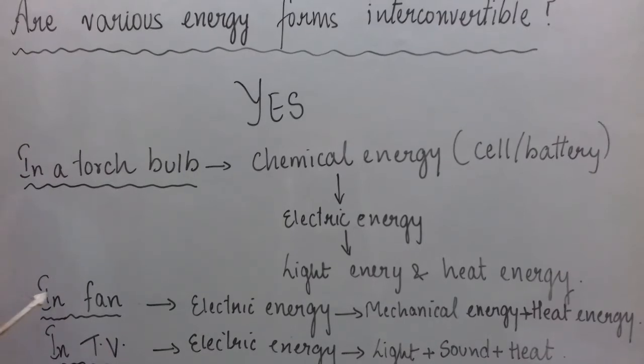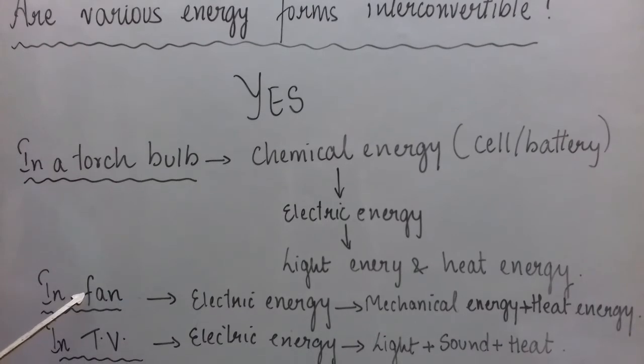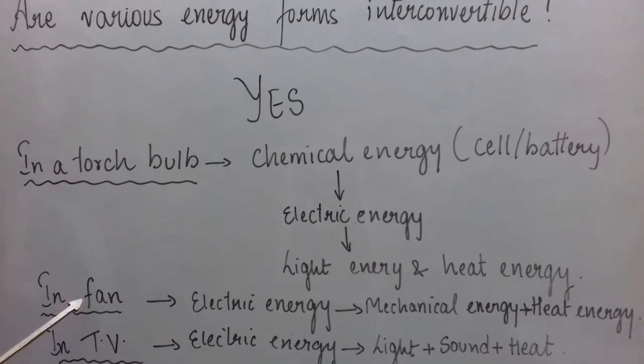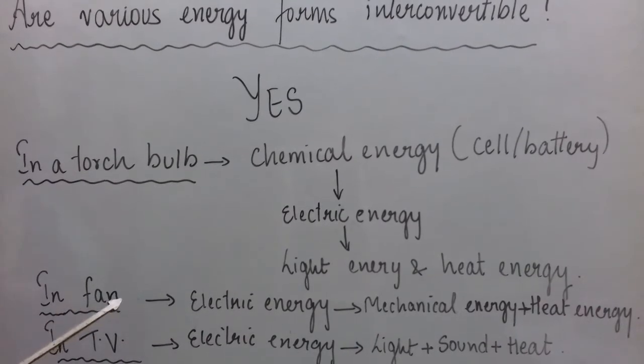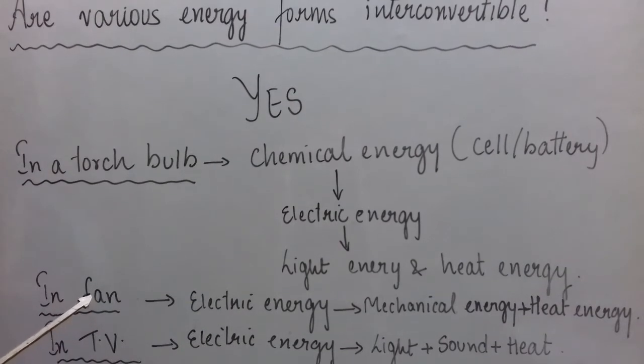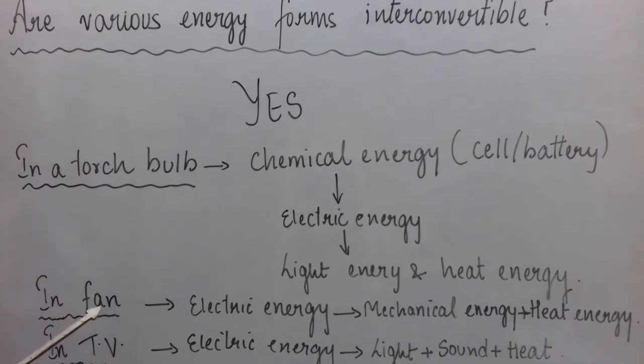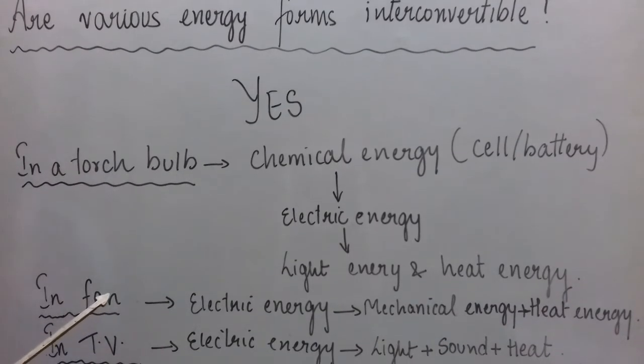Similarly, when we talk about a fan, when we switch it on, if electric energy is there, then it is supplied to the fan and the fan starts rotating. Rotating means it is moving, a kind of motion, so it has kinetic energy. And we know mechanical energy is the sum of kinetic and potential energy.